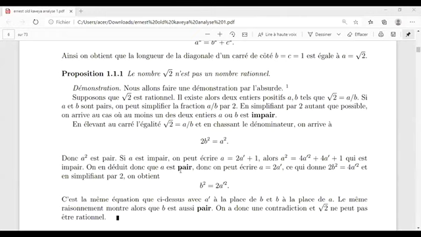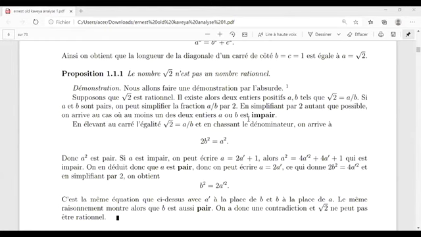Okay. So, like I was saying, the 2B squared is equal to A squared, like I explained here. The main aim that we have here, don't forget, is to prove that the square root of 2 is not a rational number.